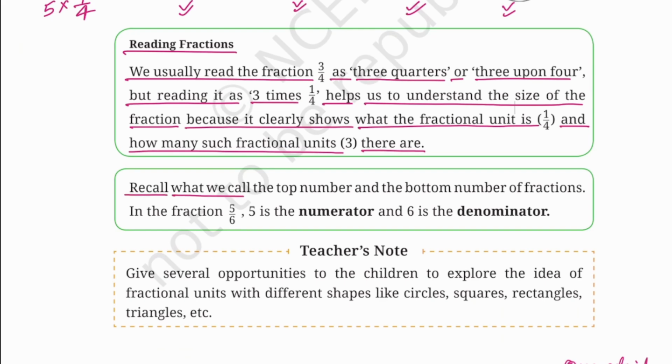Recall what we call the top number and the bottom number of fractions. In the fraction 5 upon 6, 5 is the numerator and 6 is the denominator. Similarly, in 3 upon 4, 3 is the numerator and 4 is the denominator.